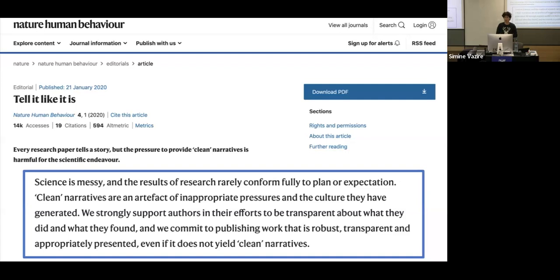Clean narratives are an artifact of inappropriate pressures and the culture they have generated. We strongly support authors in their efforts to be transparent about what they did and what they found, and we commit to publishing work that is robust, transparent, and appropriately presented, even if it does not yield clean narratives. So it's good that they're stating their commitment to doing that, and it'll be interesting to see how the literature changes in their journal based on that. Okay.